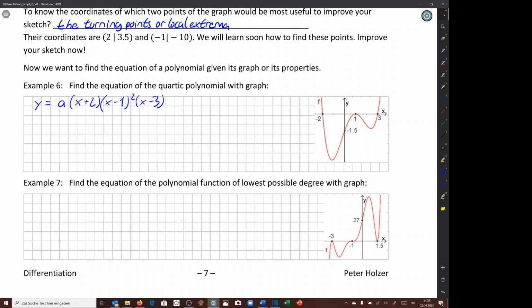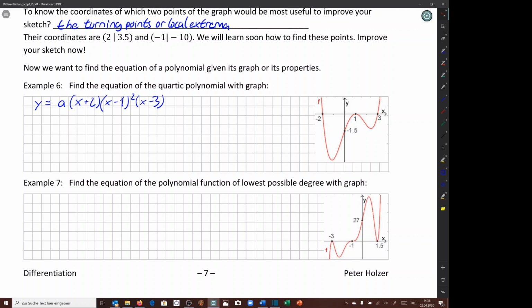Using the 3 zeros, we find this ansatz here, y equals a times, that's the one thing that we don't know, and then using the zeros, so minus 2 yields x plus 2, a single zero, then 1 yields the factor x minus 1, it's touching here, so it has to be x minus 1 squared, and the third zero here, 3, is x minus 3, again a single zero, that's why we get this ansatz.